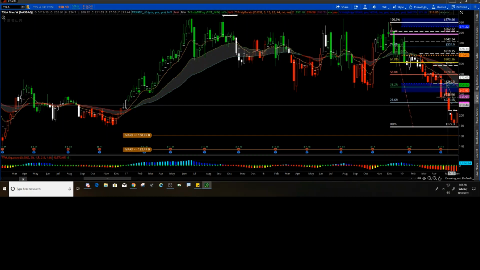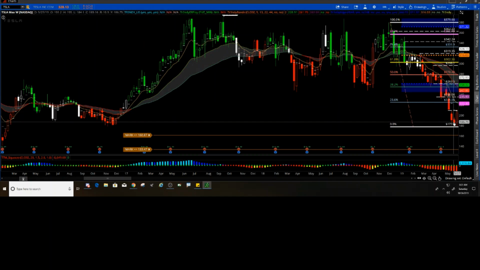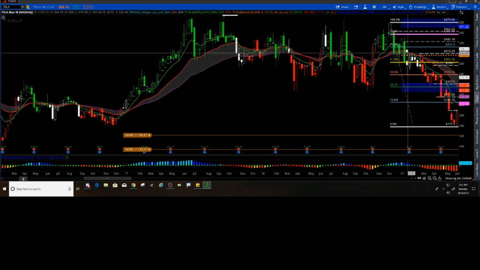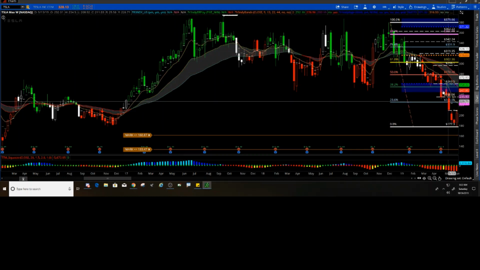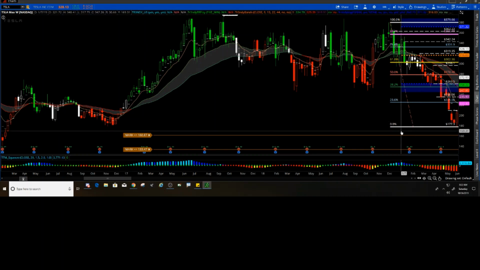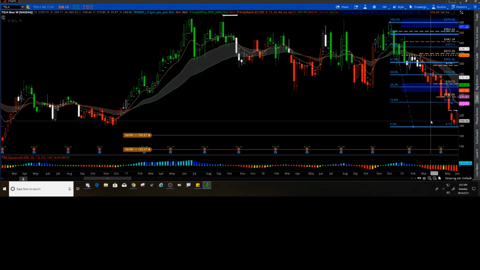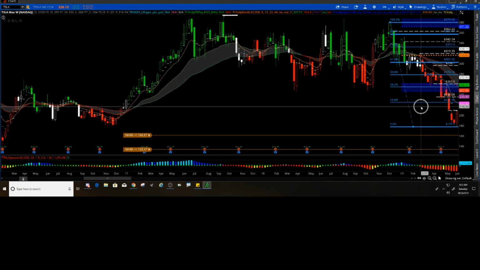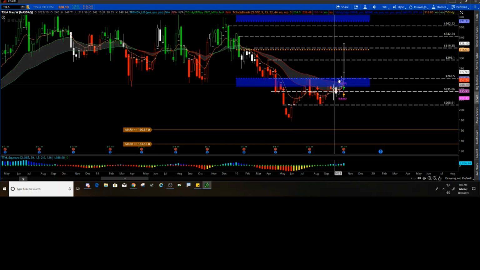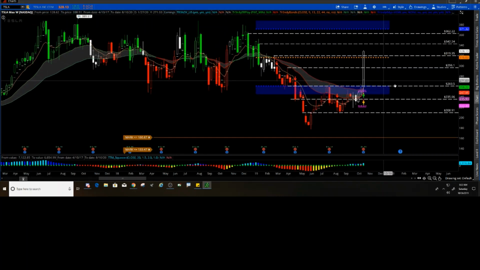So a quicker way of identifying targets can be through Fibonacci, as long as you understand where the range is that you need to place them. And again, go to your Fibonacci video to really understand that. Okay, so we're going to take this off. You can see this is price moving into these targets.